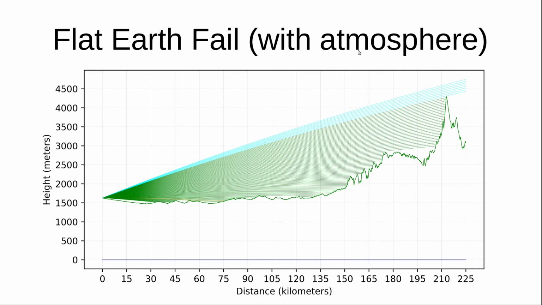And I've even included the atmosphere. So the atmosphere doesn't really seem to help. It actually hurts the flat Earth because, again, the principle is that light rays moving from a more dense atmosphere into a less dense atmosphere get bent down towards the more dense atmosphere.